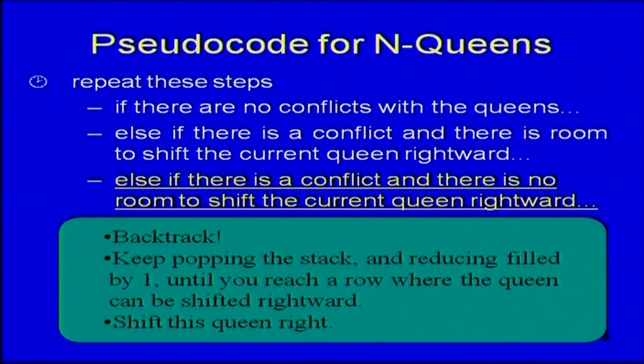Then you shift this queen right. That means whatever work you have done before, you are backtracking, and you are backtracking till you reach a position where you can have another alternative, which is not placing it there, but moving it to the right if it is possible. So, the movement to the right is one step at a time, but it may move to more than one also.